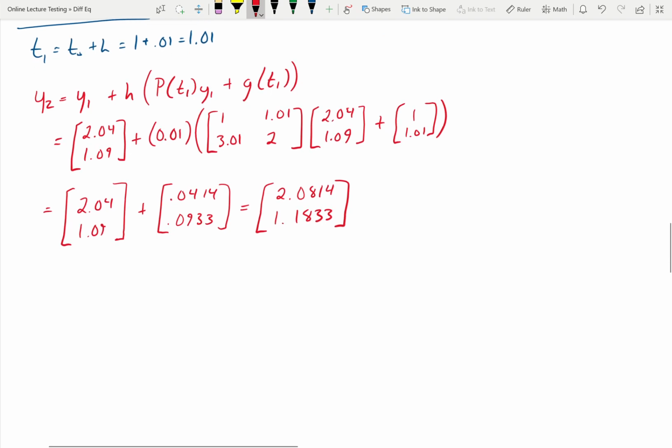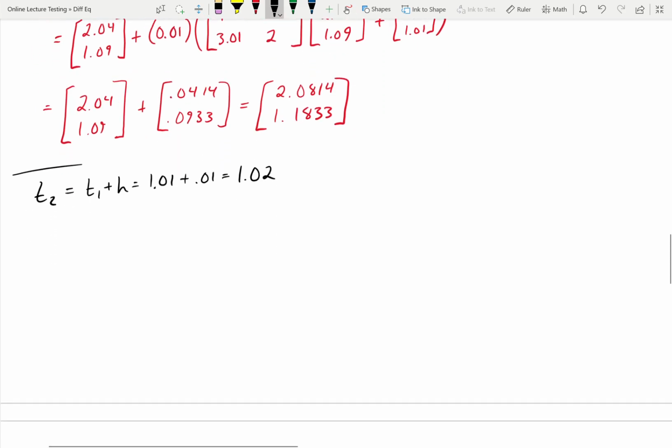Now we're ready to move on to our last value, t2. The reason I know that we're stopping there is because this is t1 plus h, which is 1.01 plus 0.01, and we are getting to the value that we want. We want to know what happens when it's evaluated at 1.02.